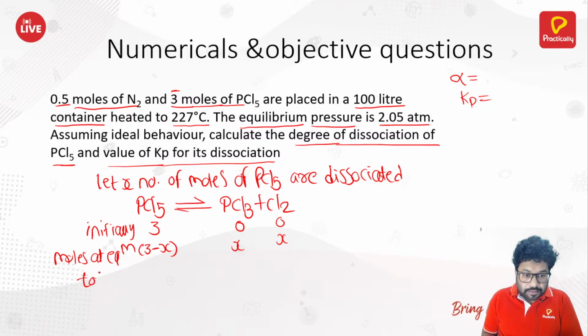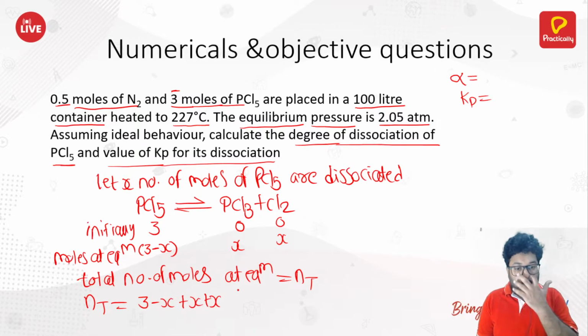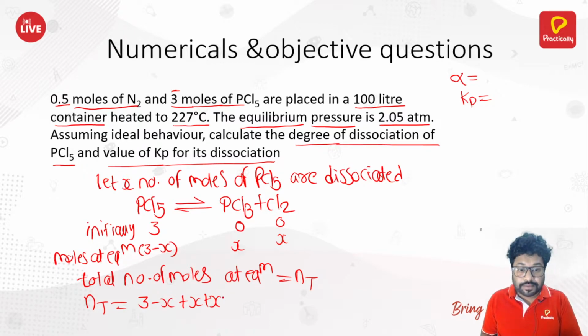Now, the total number of moles at equilibrium, Nt, will be 3 minus x plus x plus x, that is, moles of PCl5, PCl3, Cl2, plus moles of nitrogen, because they had told us 0.5 moles of nitrogen.